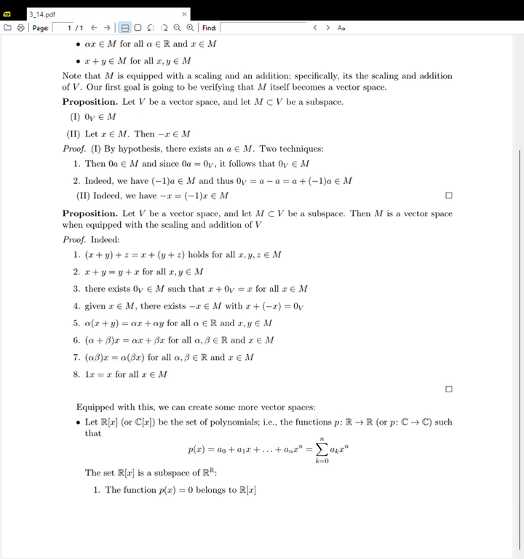Alright, now given a polynomial, p of x, which is equal to a0 plus a1 x plus up to an x^n, and given a scalar, then if you look at alpha p, what happens?